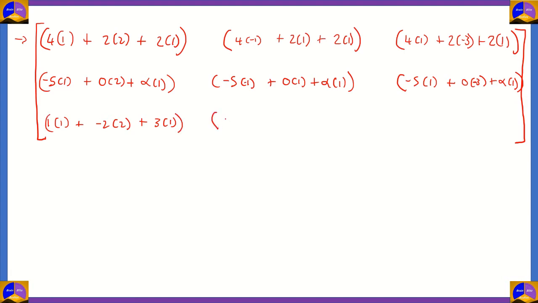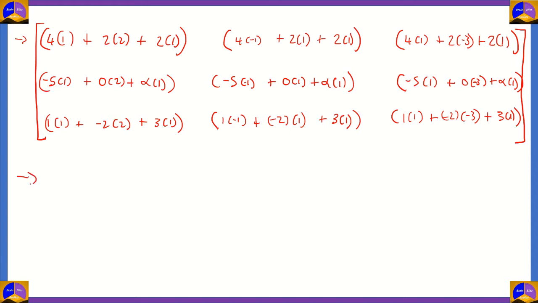The second element will be 1 times minus 1 plus minus 2 times 1 plus 3 times 1. And then the final element will be 1 times 1 plus minus 2 times minus 3 plus 3 times 1.